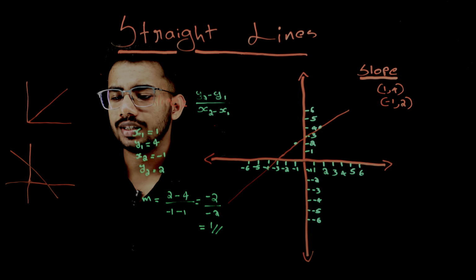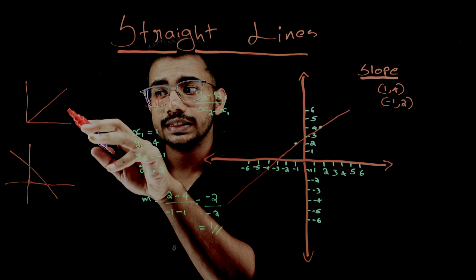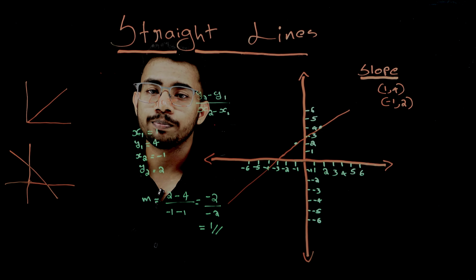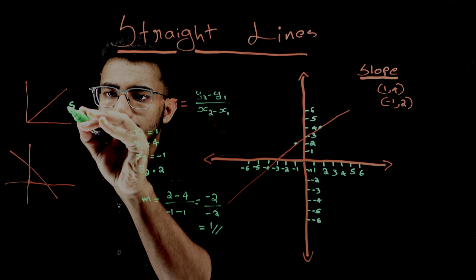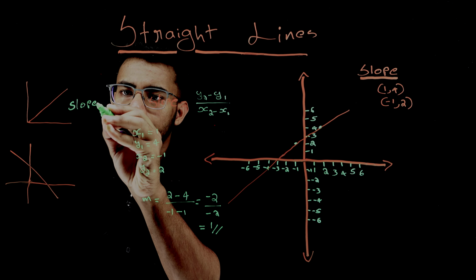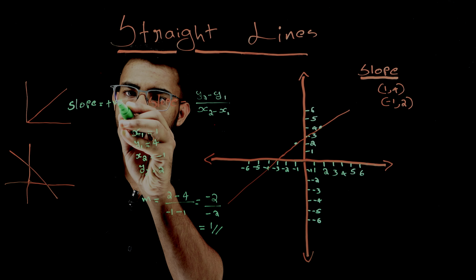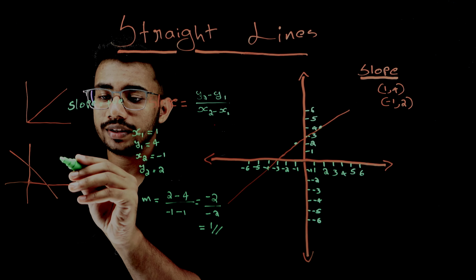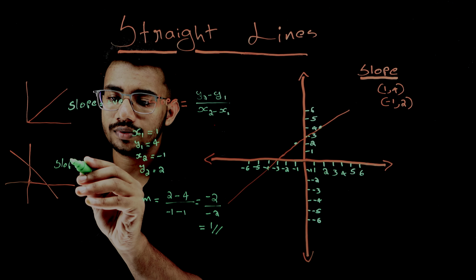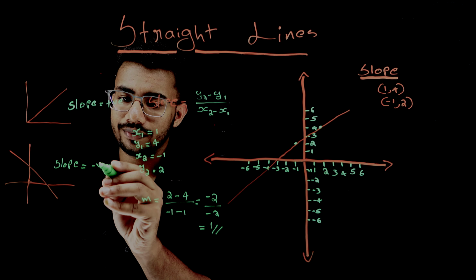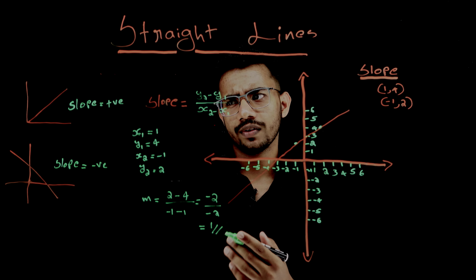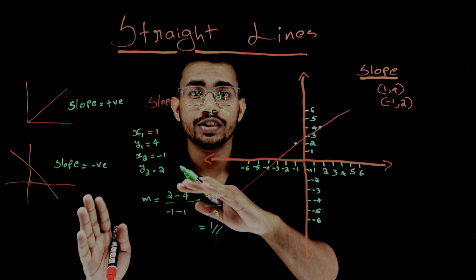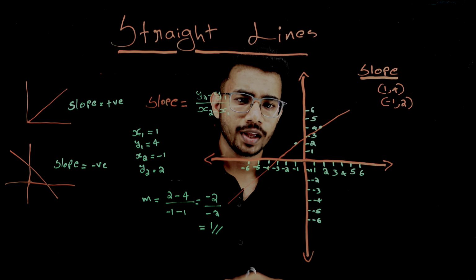So here, since it is leaning towards the right side, the slope will be positive. And here, since the line is leaning towards the left side, the slope will be negative. So that is the way we can find whether a slope is positive or negative, by looking at which direction the line is leaning.